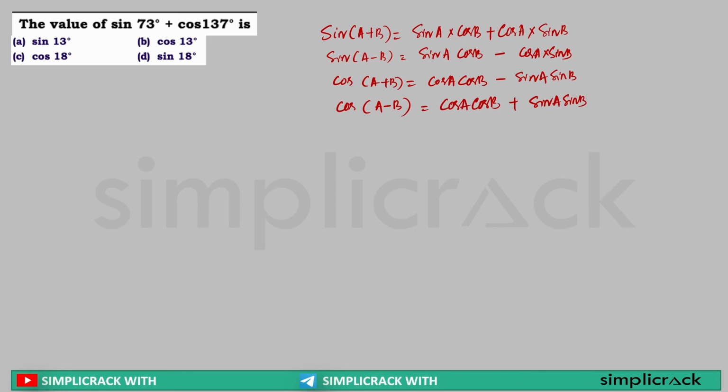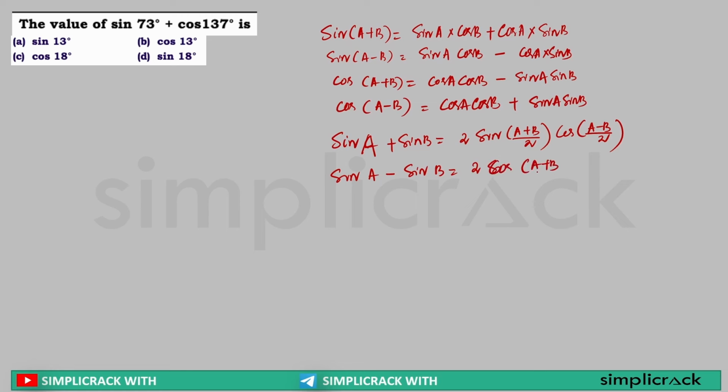Okay, or if it is written like this, sine A plus sine B, then this will be written as 2 sine A plus B by 2 into cos A minus B by 2. If it is written as sine A minus sine B, it will be written as 2 into cos A plus B by 2 into sine A minus B by 2.